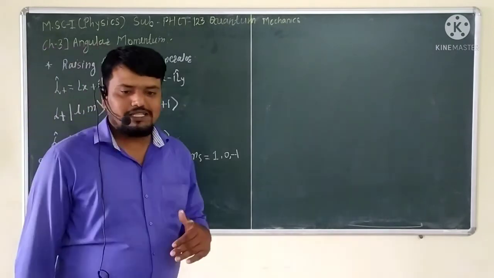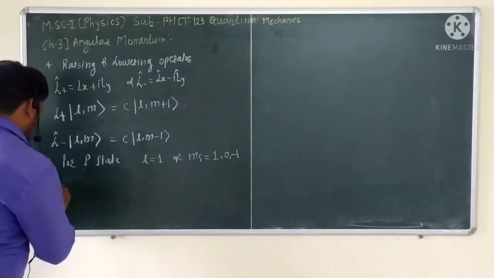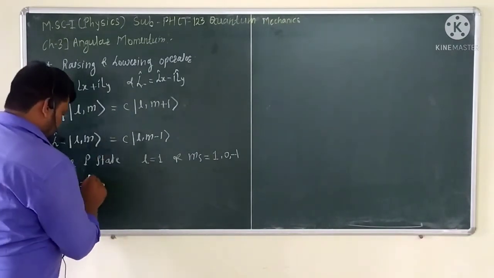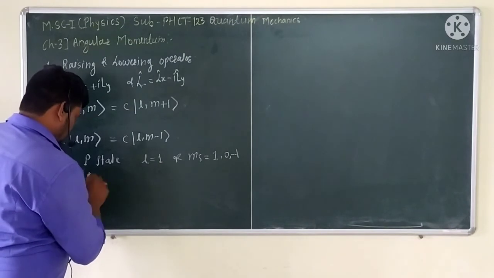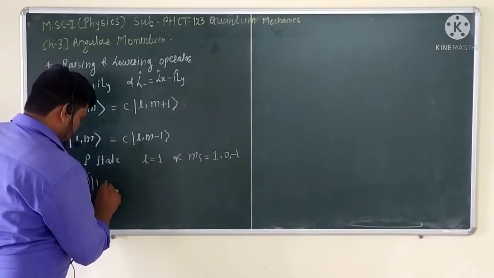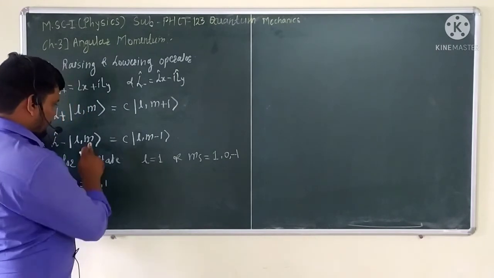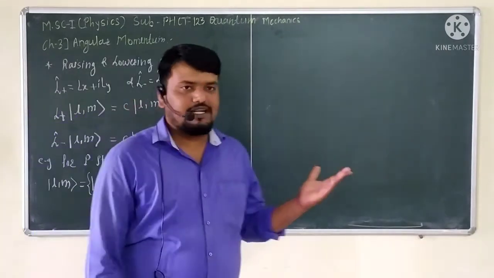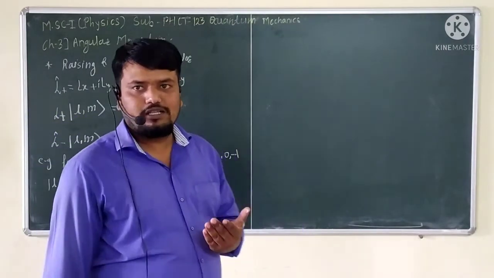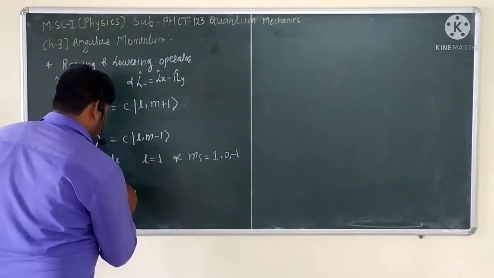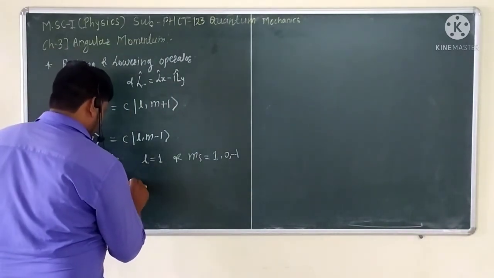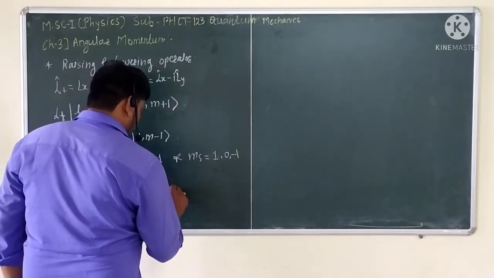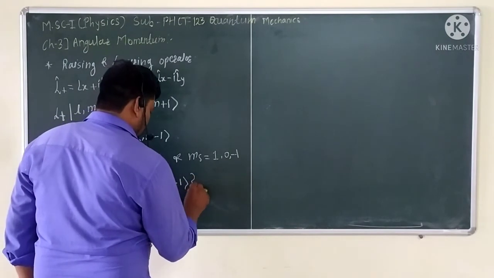So for the p state electron, the ket L comma m is, first, the highest state, with L equal to 1 and m equal to 1. Next is L equal to 1 and m equal to 0, the state ket 1 comma 0, and the lowest state is L equal to 1 and m equal to minus 1.